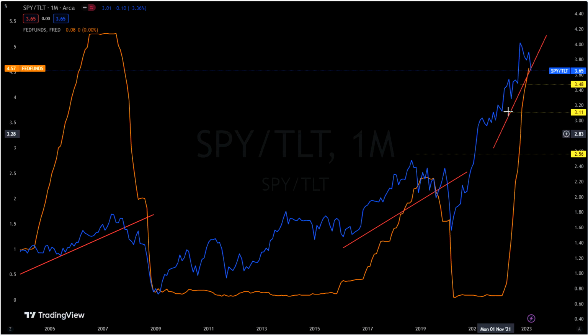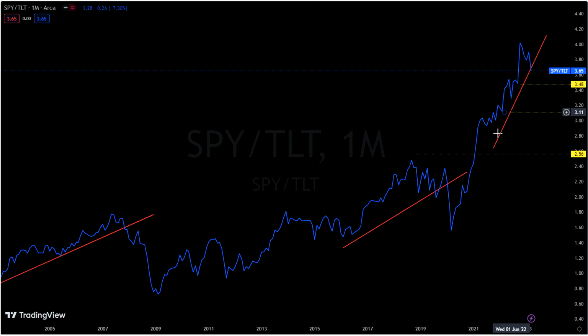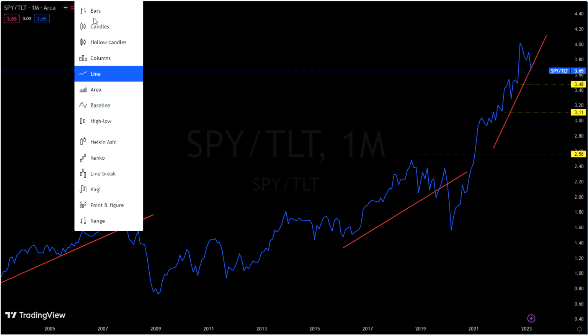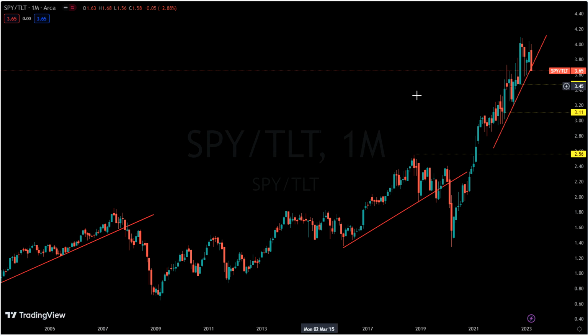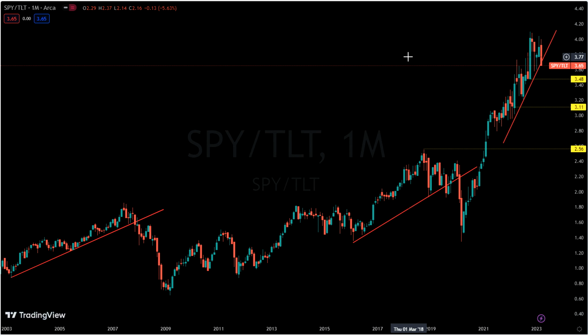Just if this blue line comes below this red line, let me go into the candlesticks. This happened just last month, look at that. This month, the month of March, and look what type of candles. We are just getting a topping formation, and if this one goes down, this means TLT is going to outperform the stock market, and that is a very, very, very important chart, guys.